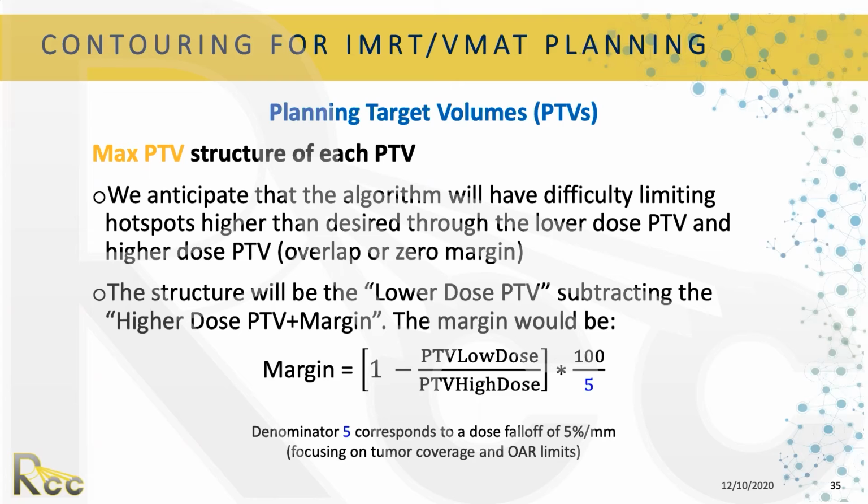This is for multiple PTVs. So the structure will be the lower dose PTV subtracting the higher dose PTV with a margin. We talk a little bit about this. This is the formula, and the denominator follows the guideline of the dose falloff of 5% per millimeter, focusing on that structure.